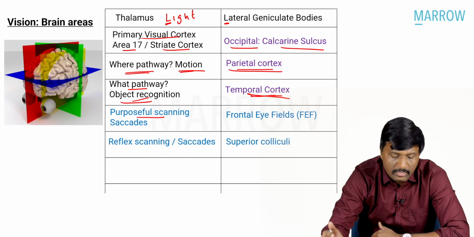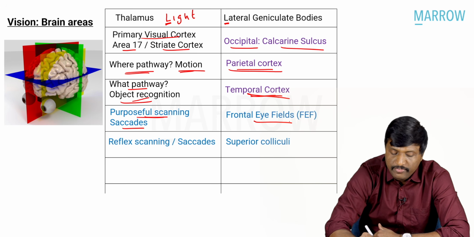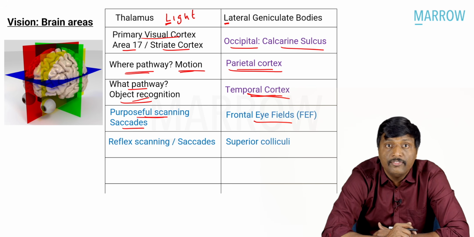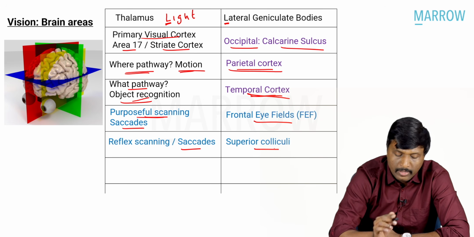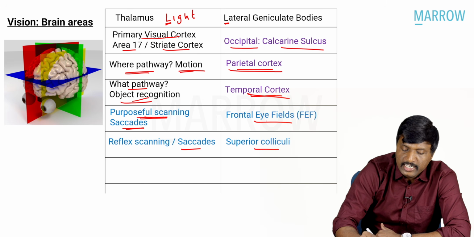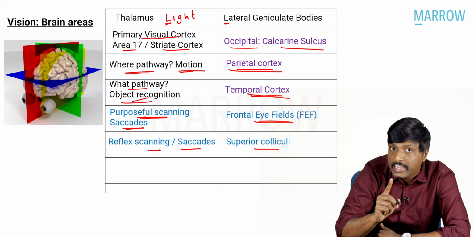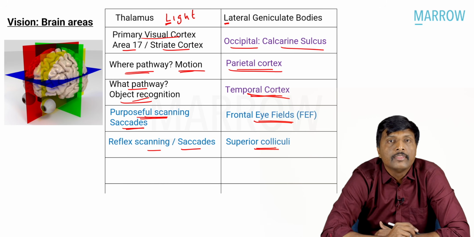Two important things: regular, routine, purposeful scanning, saccades, frontal eye field. Suddenly something is coming, because of a reflex I am looking there. That reflex scanning, saccades, superior colliculi. Very simple. Purposeful scanning, saccades, frontal eye fields; reflex saccades, superior colliculi. This may be one of the future MCQs.